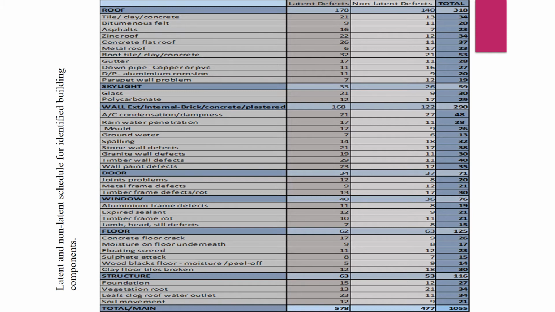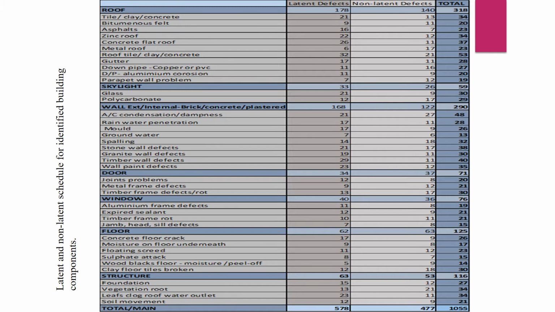Approximately 80% of the data come from government or GLC projects, roughly 200 buildings, while the other 20% are from private company projects, involving defects from roughly another 50 buildings, involving building leakage defects and things like that.